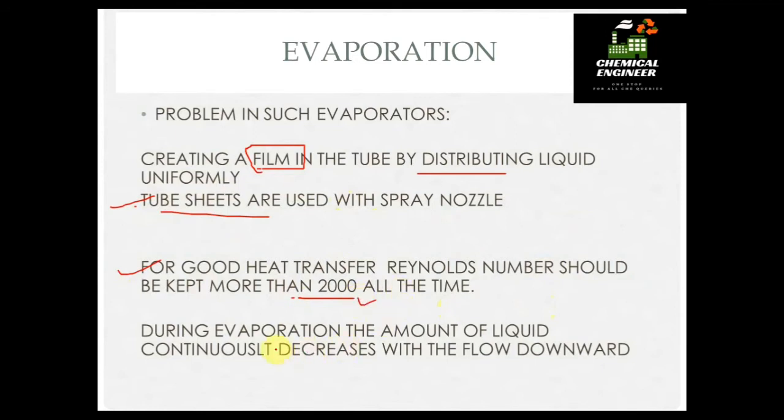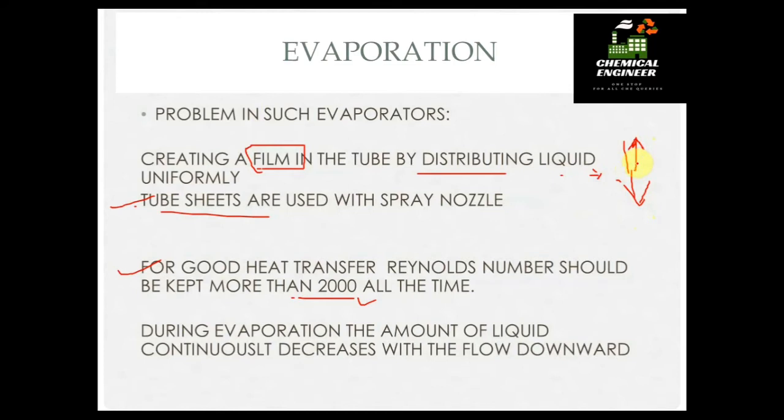Of course, during evaporation, as the liquid goes from top to bottom, the amount of liquid decreases. Why does it decrease? Because when it comes in contact with the steam, some amount of the liquid film tends to vaporize and evaporate.